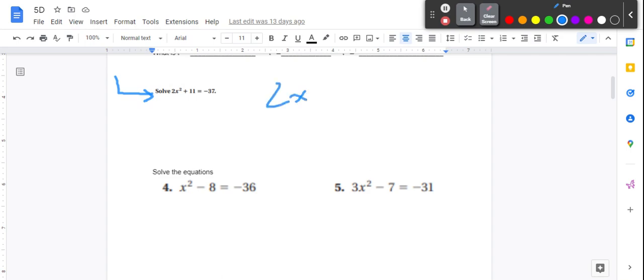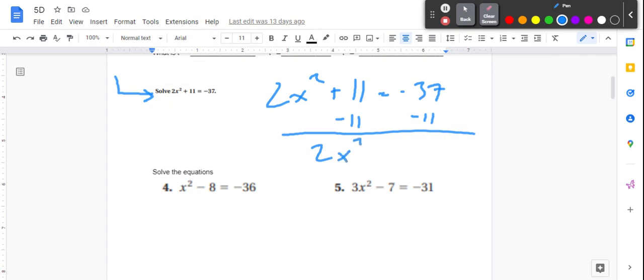So we'll subtract 11 from both sides, and we'll have 2x squared equals -48. Divide by 2, divide by 2. So we'll have x squared equals -24.